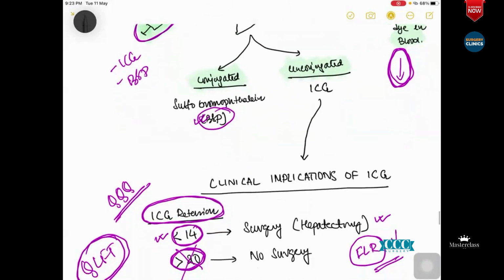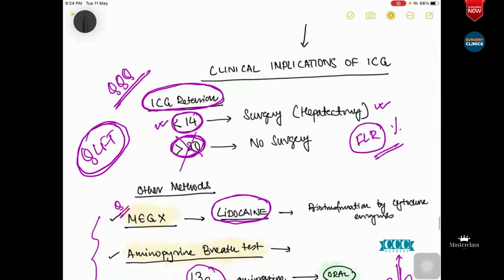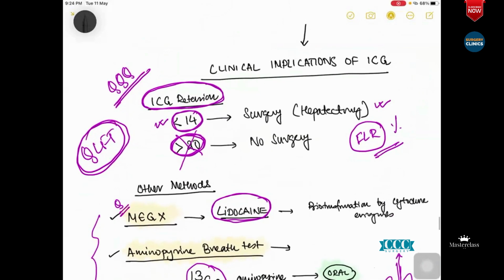Now, clinical implications, Sir has already discussed this. From an MCQ point of view, if it is less than 14, you can go ahead with the hepatectomy. If the retention rate is more than 20, the functional residual liver capacity is less, and the patient's hepatic status is not going to sustain a hepatectomy. So these are called quantitative LFTs or QLFTs.